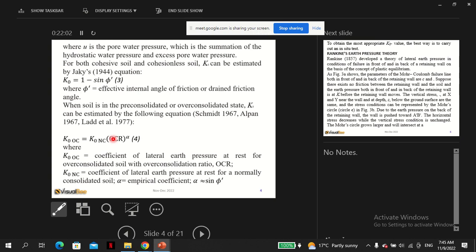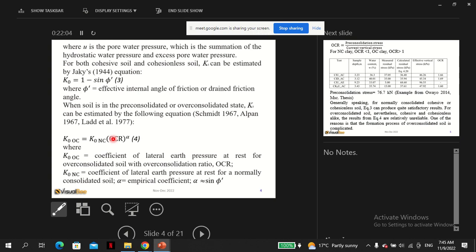We'll explain this later, but the process of consolidation is complex, not very simple.